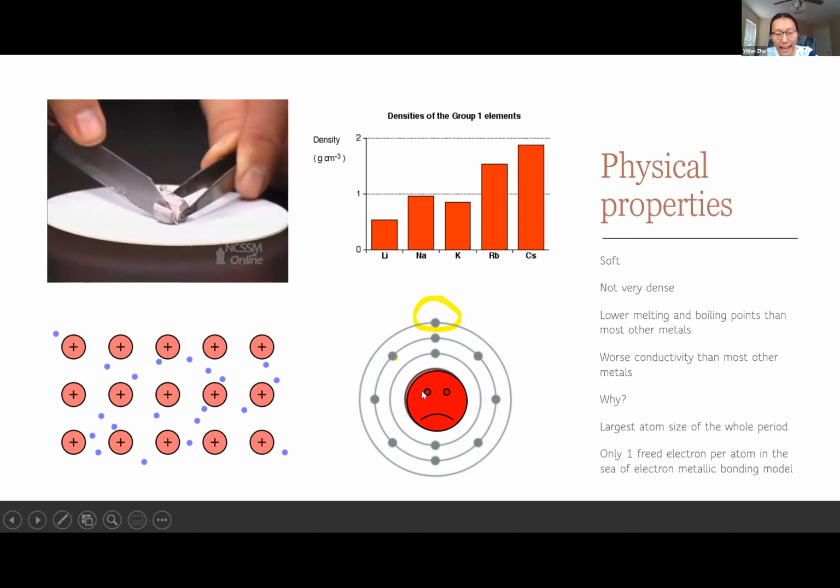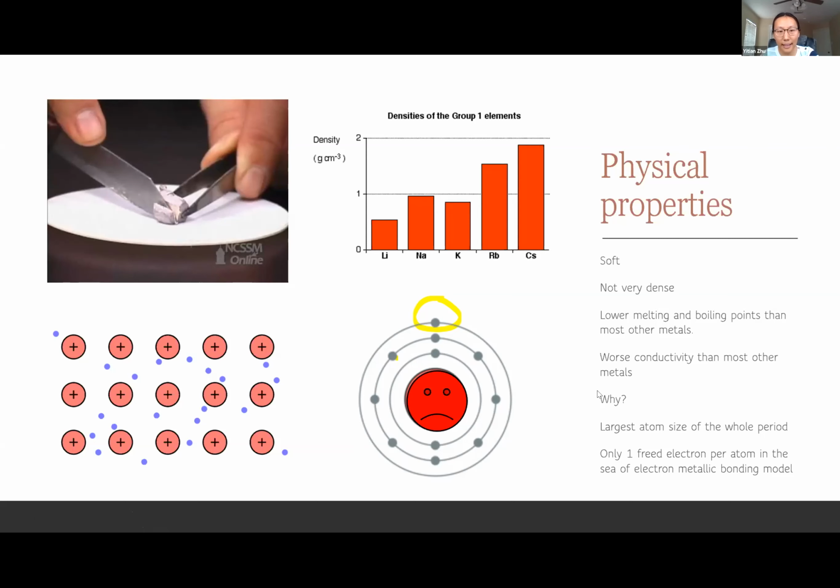Notice that I put a sad face on the model of the atom because that model implies that all these electrons are orbiting in a circle, and that's definitely not true. They actually exist in clouds.